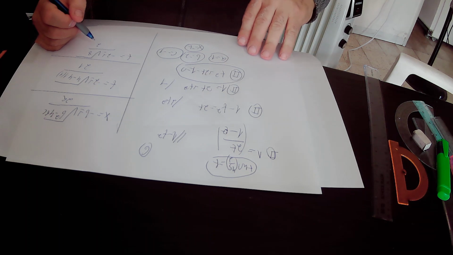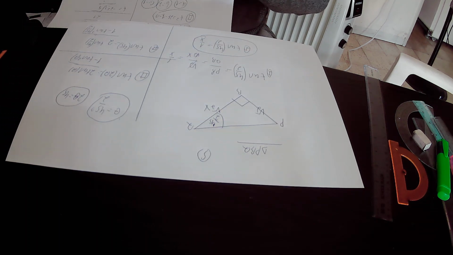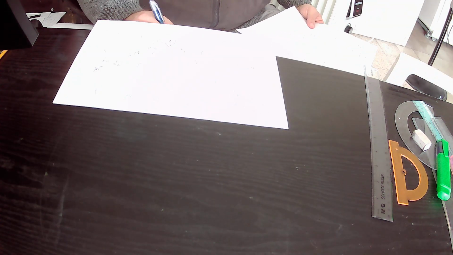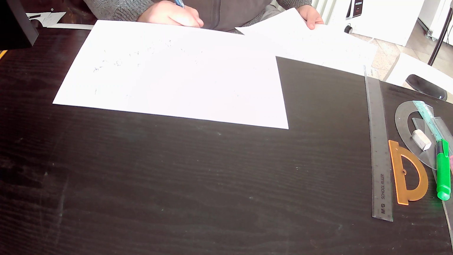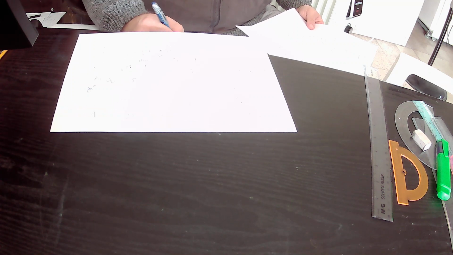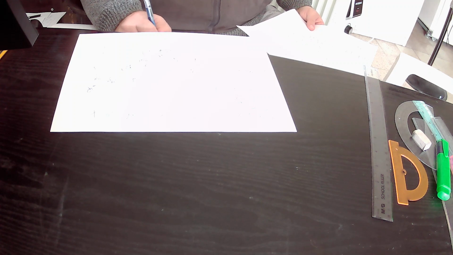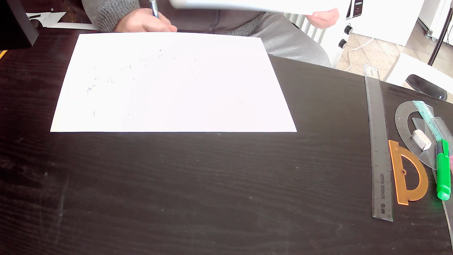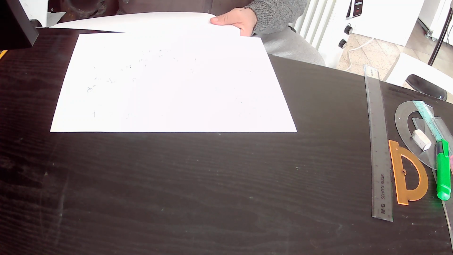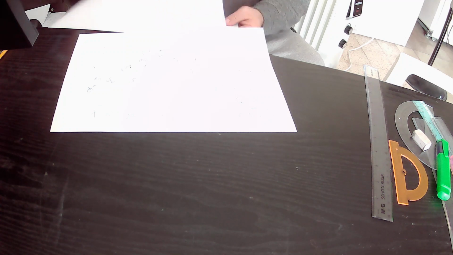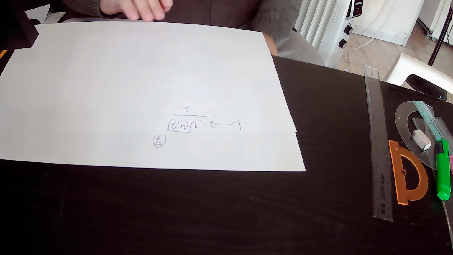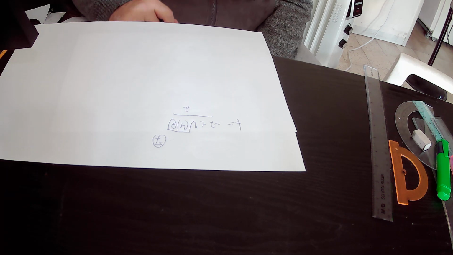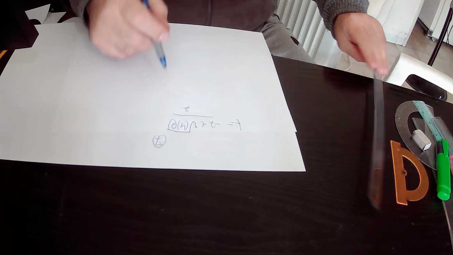So t equals minus 2 plus minus square root of 8, and 8 is 4 times 2, over 2.